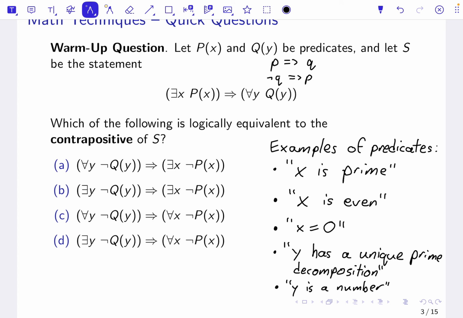So how do we negate a statement with quantifiers?